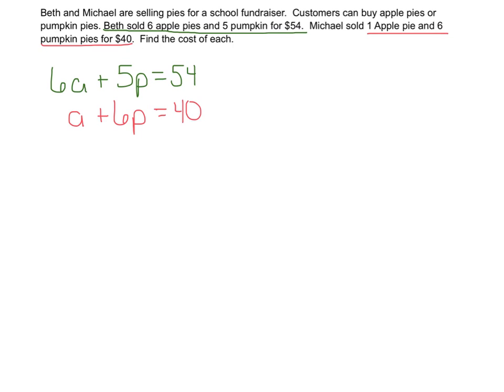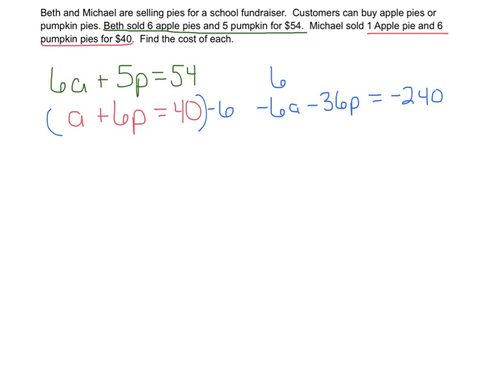Now we can solve our system of equations. We don't have opposites with A's or P's yet, so I'm going to multiply this bottom one by negative 6. That gives you negative 6A minus 36P equals negative 240.